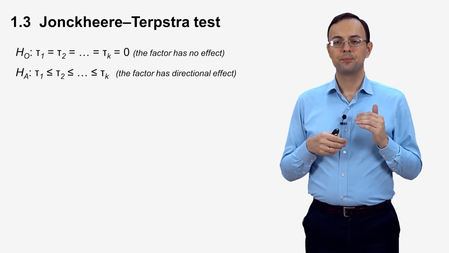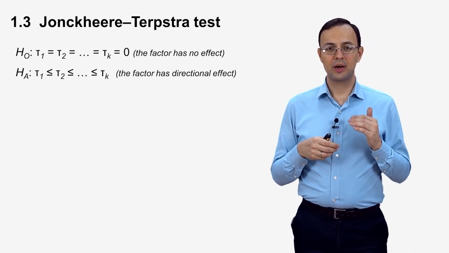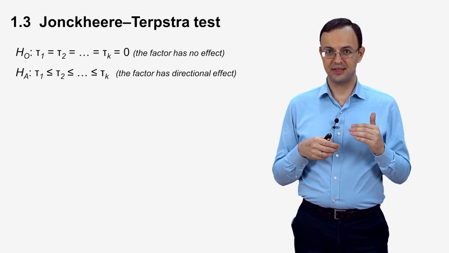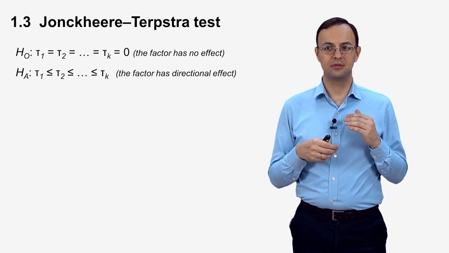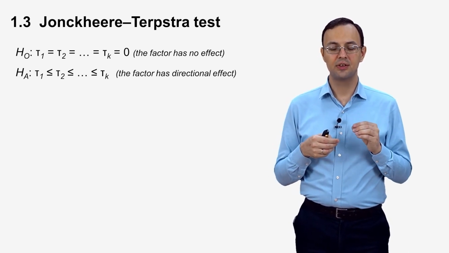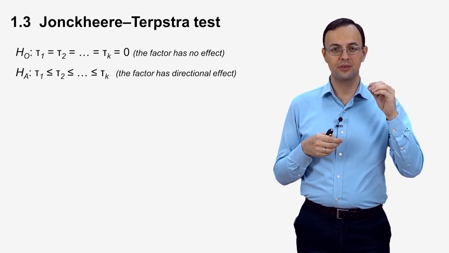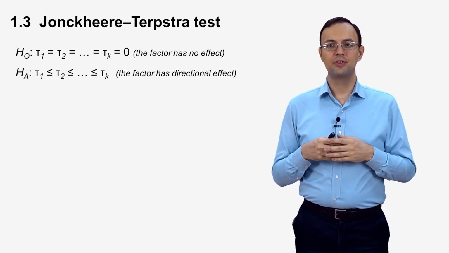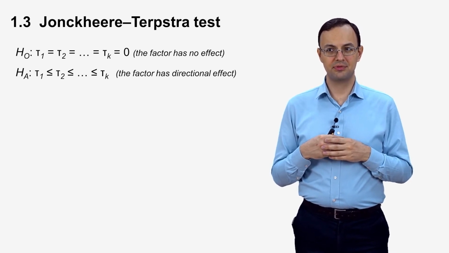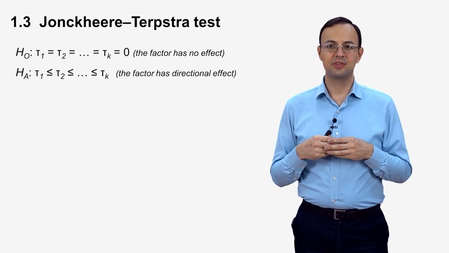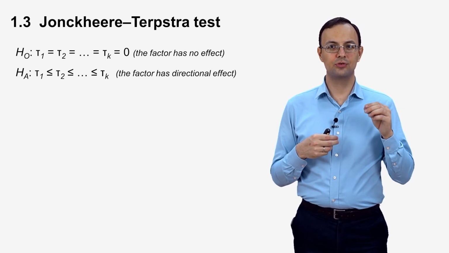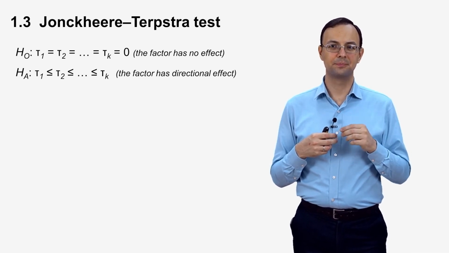And so if our hypothesis is that the factor has a directional effect, that it affects the response directionally, then we use the Jonckheere-Terpstra test, or sometimes it is called Jonckheere's trend test.